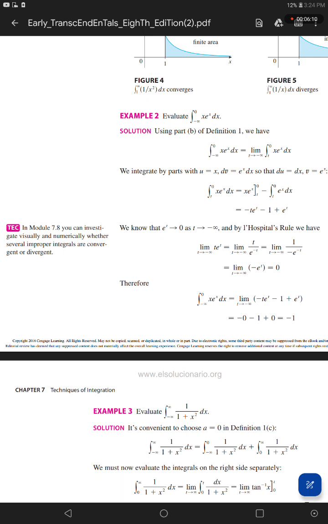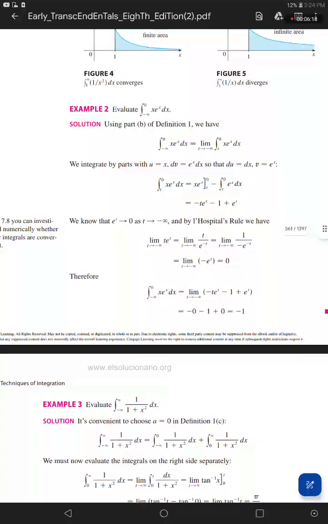Back to the text. We know that e to the power t approaches 0 as t approaches negative infinity.